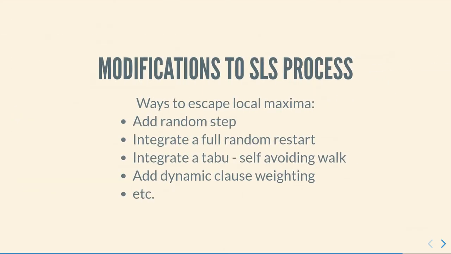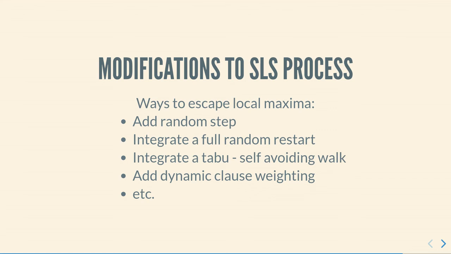Now, the SLS process, the stochastic local search, is an entirely different process to the backtracking search, the CDCL, that we've just explored. And one of the major drawbacks of the SLS process is that it can lead to an infinite loop. So, there are ways to escape this tendency to get trapped in a local maximum of increasingly satisfying the clauses but not being able to satisfy all of them.